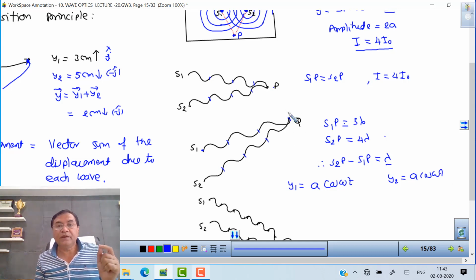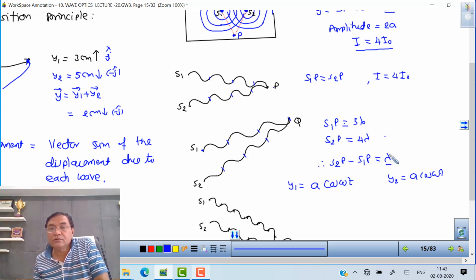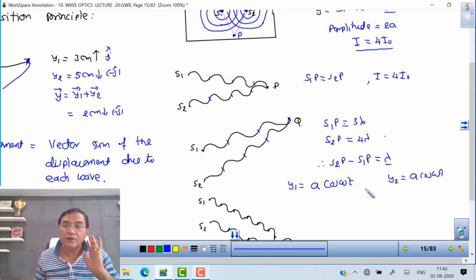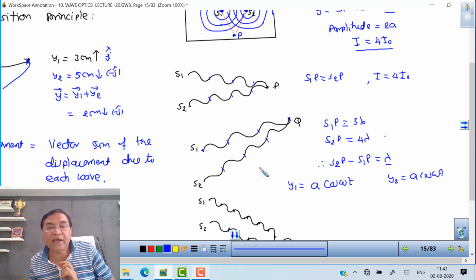Then what is happening when reaching over here? Phase here because of this will be more, equivalent to the distance lambda. Or you can say this is behind.